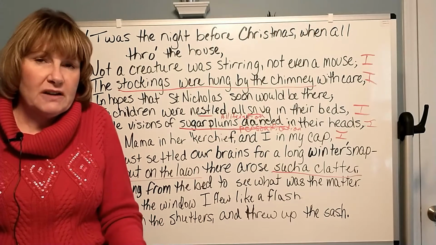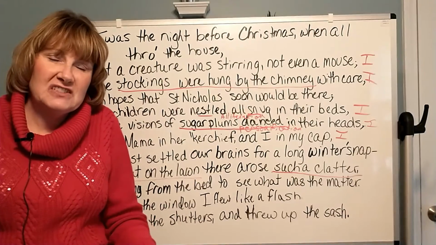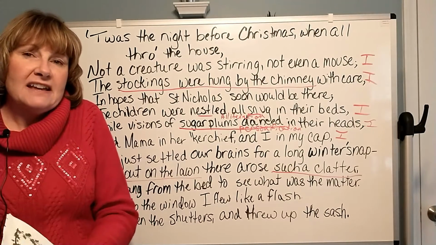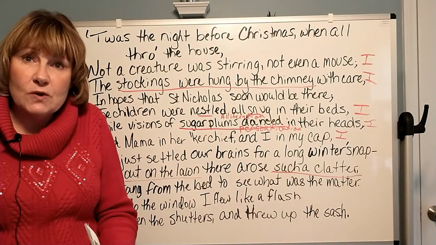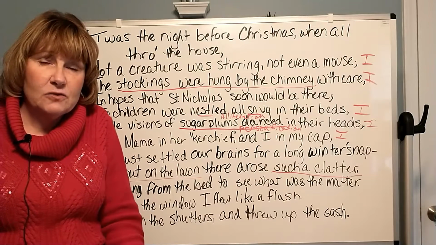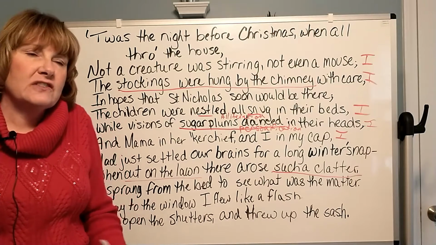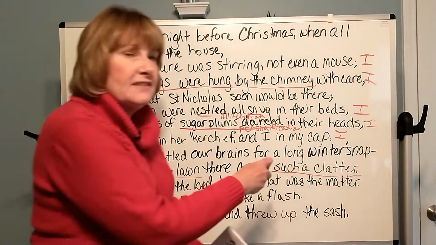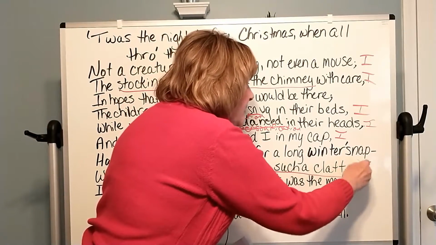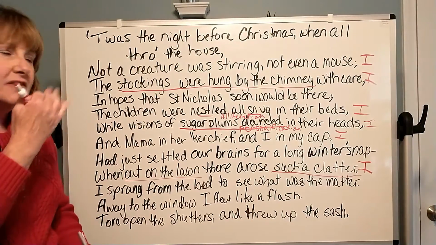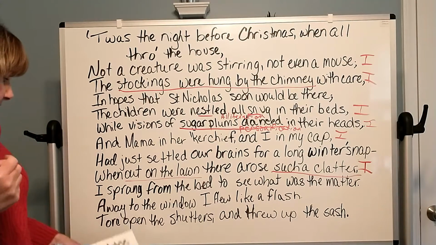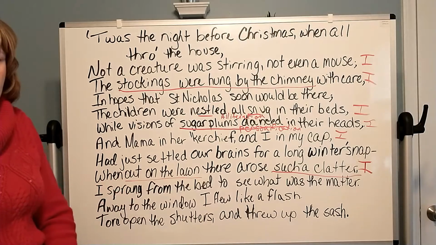Maybe in a restaurant you might have heard them drop a tray full of dishes and you hear a loud crash, or dropping pots and pans on your kitchen floor, or a plate accidentally on your kitchen floor. That's a clatter. So there's this loud noise outside. And with that sound, remember, we have the senses of not only seeing but hearing, so that's imagery as well. I sprang from the bed to see what was the matter.